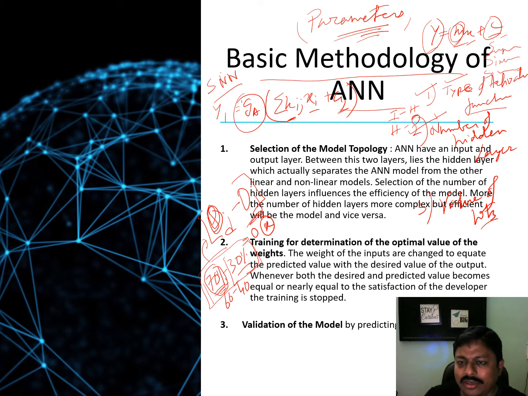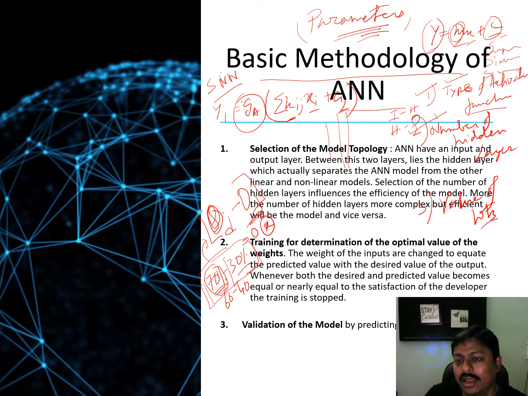And the same for the number of hidden layers. What we do is trial and error. First we give one layer, then two layers, then three layers, and we also change the number of nodes. For all these combinations, whenever the result comes out best, we use that number of hidden layers, for which we have achieved the most optimal result from the model.